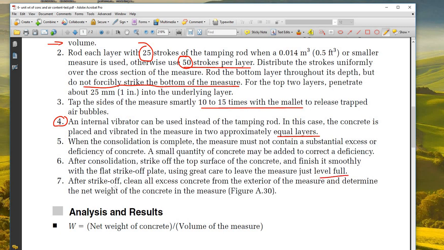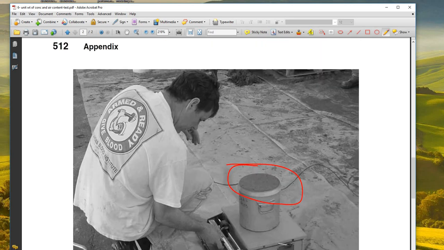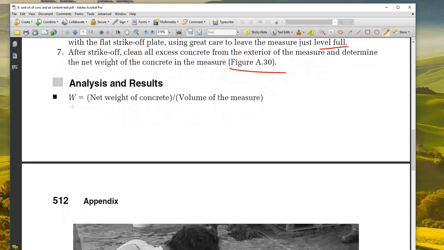After strike-off, clean all excess concrete from the exterior of the measure and determine the net weight of the concrete in the measure, as we can see in this figure. As you can see, we strike off everything. Now we can weigh, and we can go to the next analysis step.